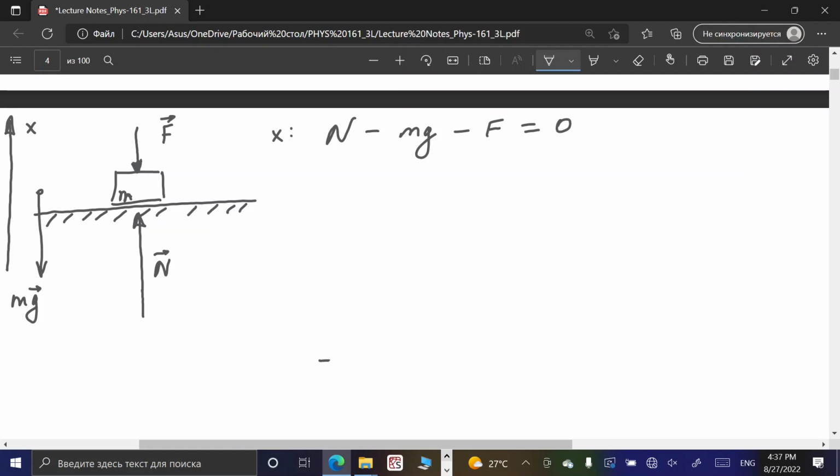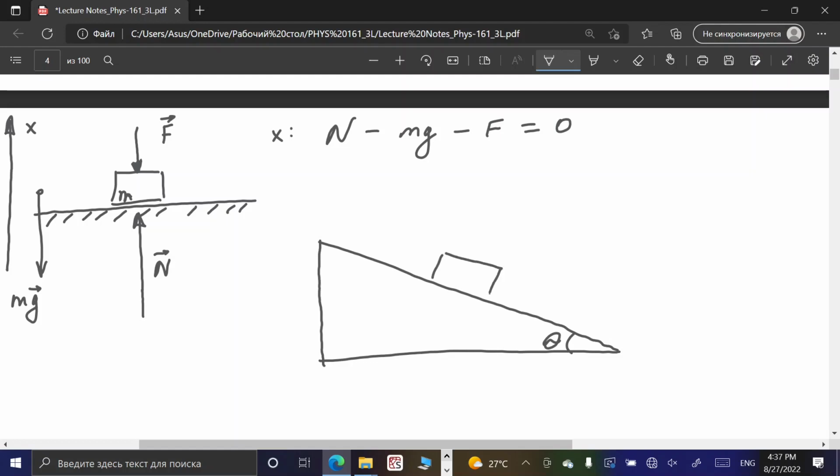So when we have such an inclined plane, here is some angle theta. This is our block. We will not consider any friction now. Friction we will consider a bit later. So this is the weight vector, mg vector.